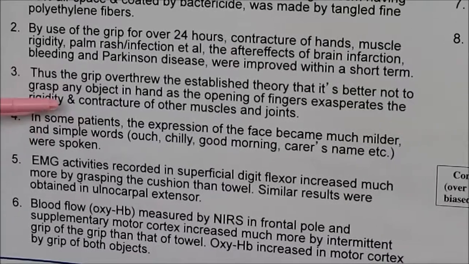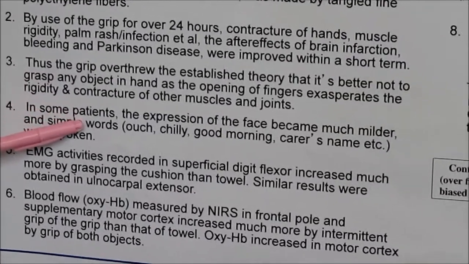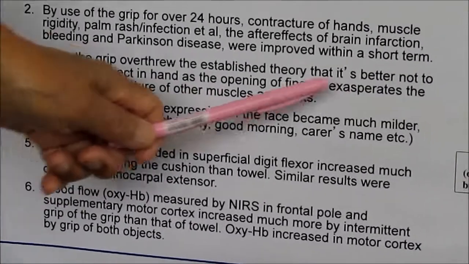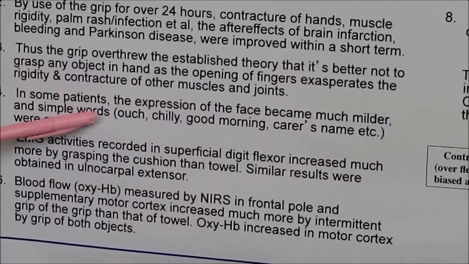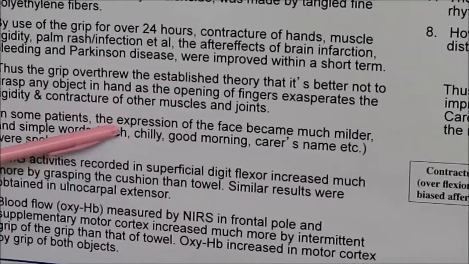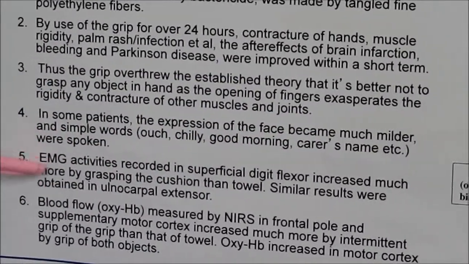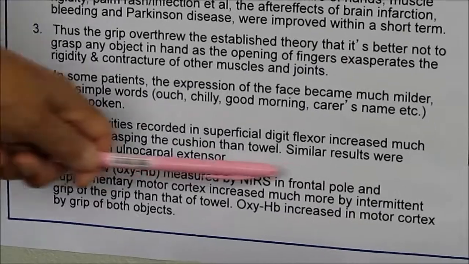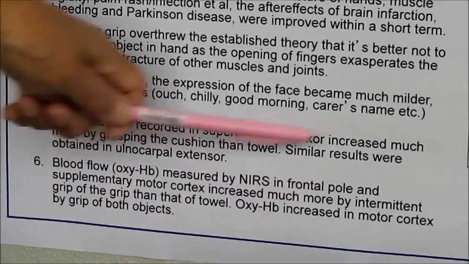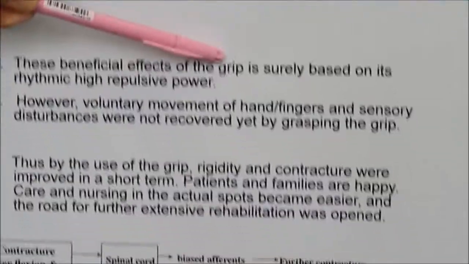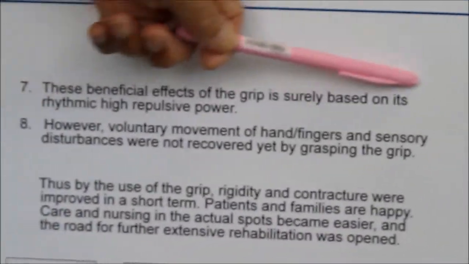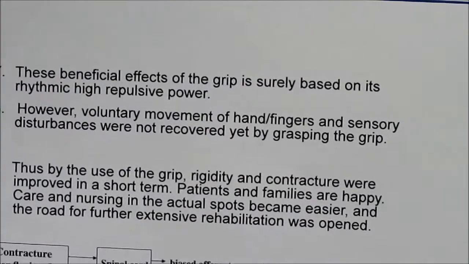And in some patients, as I showed before, they recovered language, and the facial expression became very tender and mild. EMG activity was increased much, and blood flow of the cerebrum, especially the frontal cortex, was increased. These beneficial effects, I think, are surely based on the rhythmic, high repulsive power of this grip.